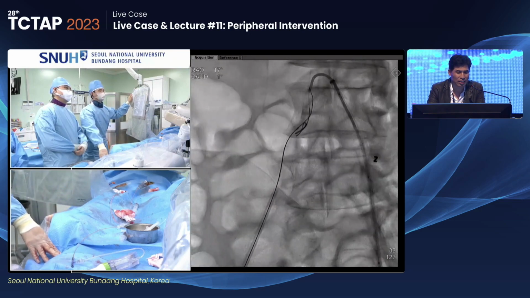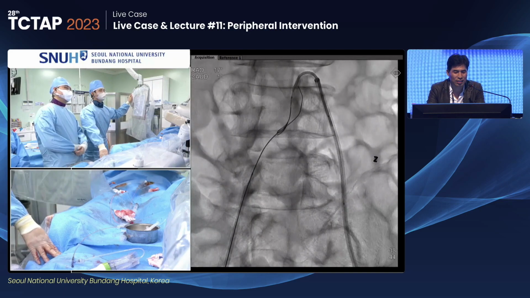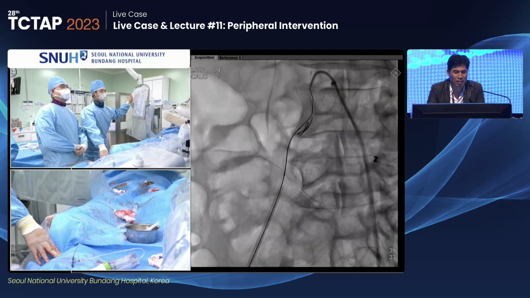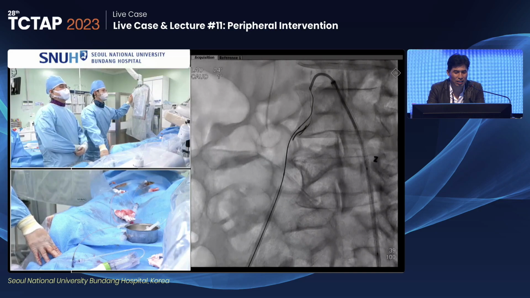Yeah, that's a good point. This is what I did. And then I checked the direction a little bit different, but when I pushed the anterior wire, I found that it is heading for the true lumen here.